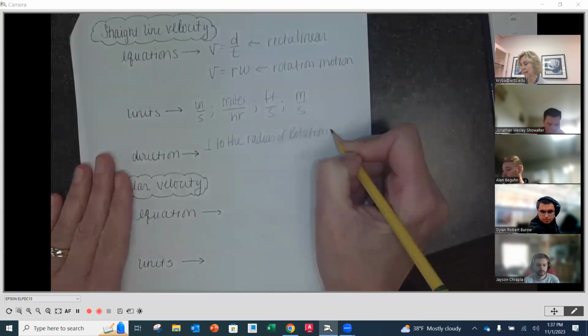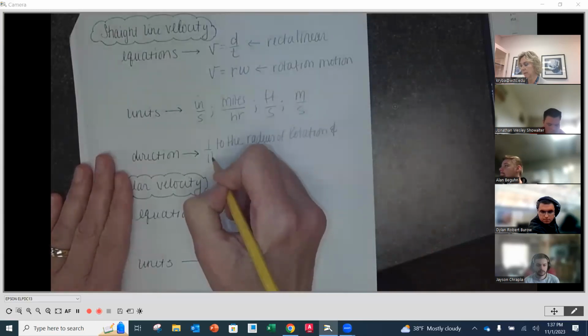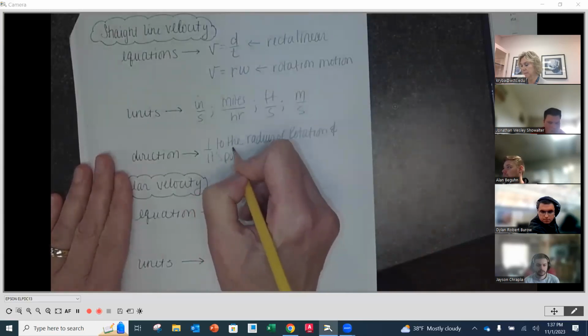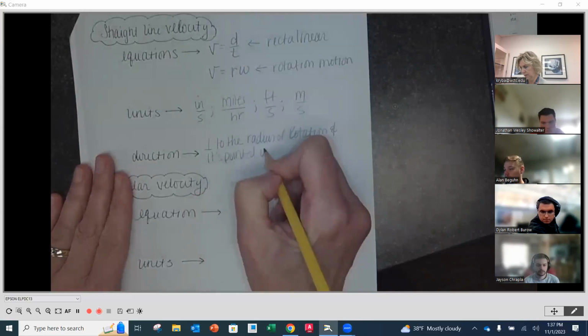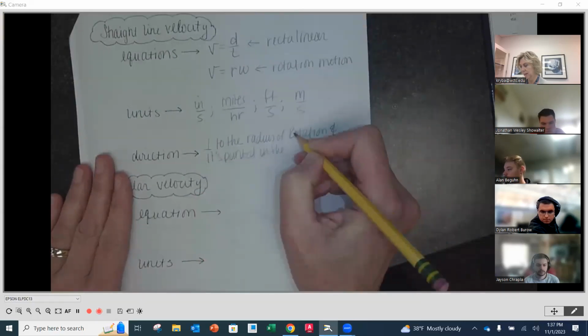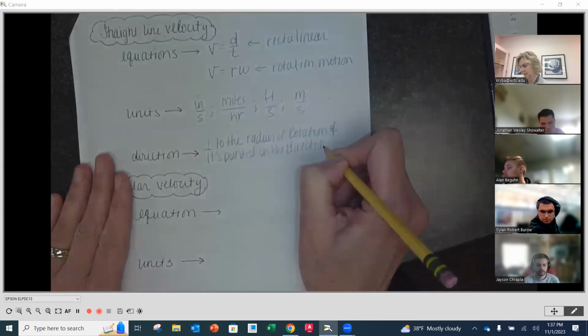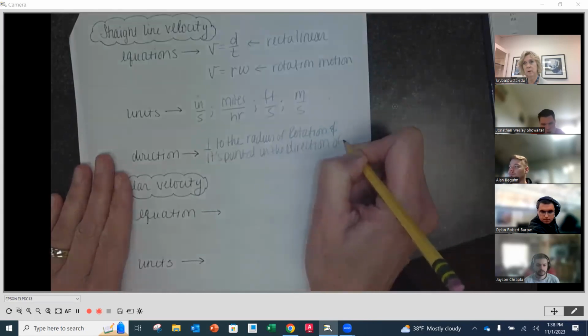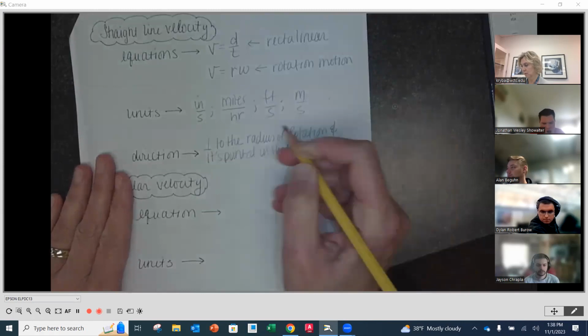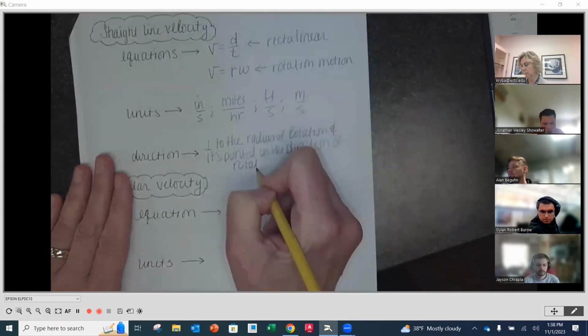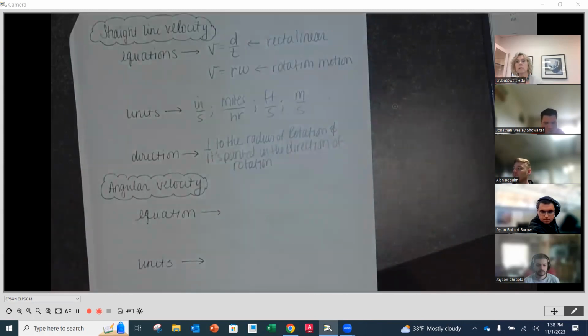Now, additionally, it's pointed in the direction of what? Rotation, exactly. So we saw that the direction of velocity is always consistent with the rotation direction.